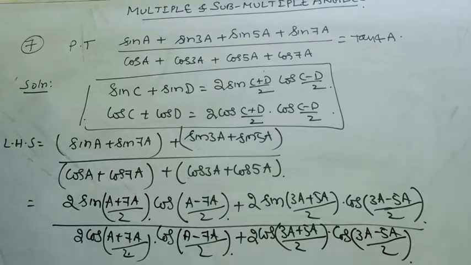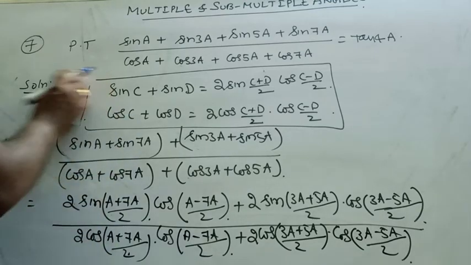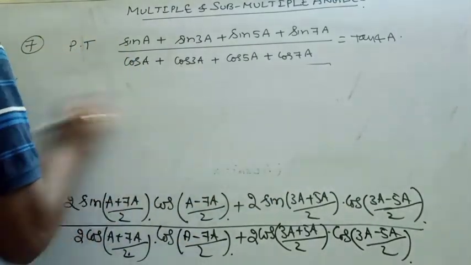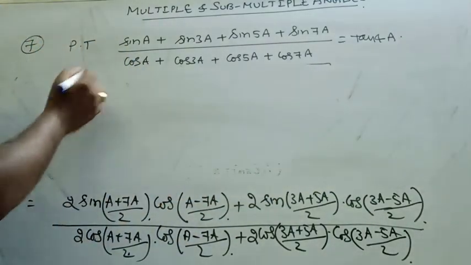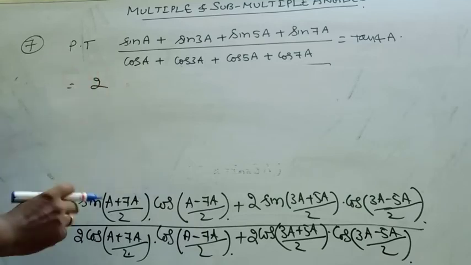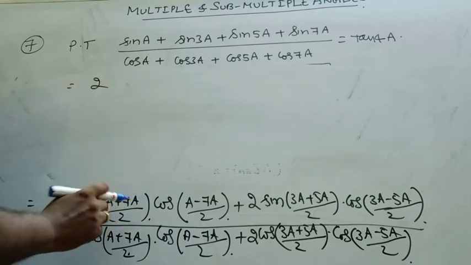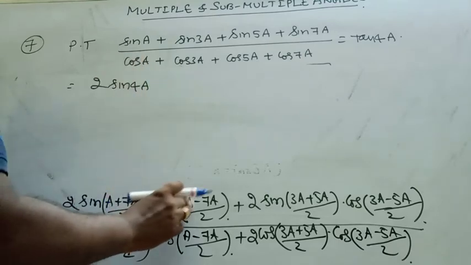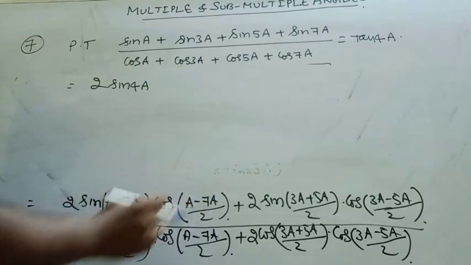Once we got the thing like this, what we do is, let us take, since there is no space, let us write here. Wonderful. This is equal to 2 into sin a plus 7a, 8a by 2, that is 2 sin 4a cos a minus 7a, minus 6a by 2, that means minus 3a.